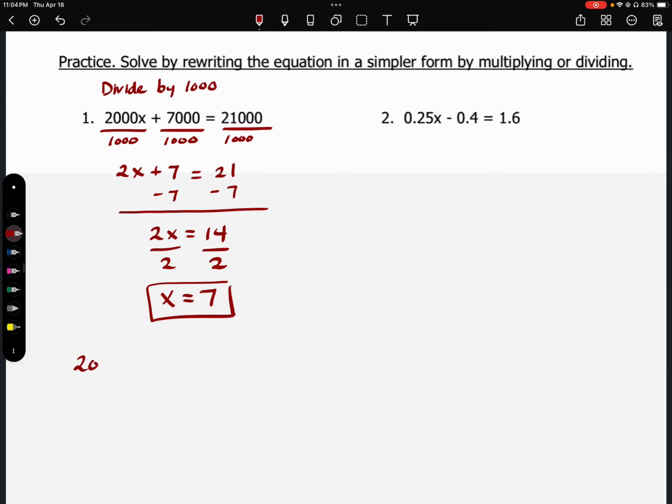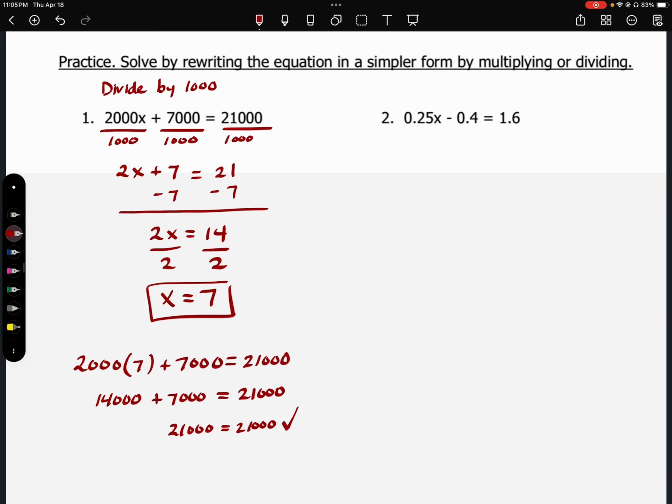I'll go ahead and check number 1 here just to make sure that we're on the right track. So 2,000 times 7 would have been 14,000 plus 7,000 should equal 21,000, and it looks like it checks out.